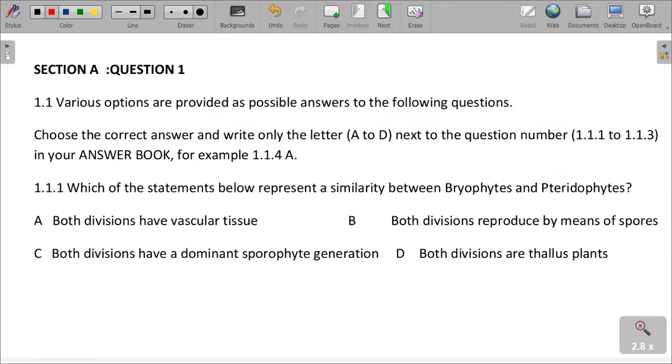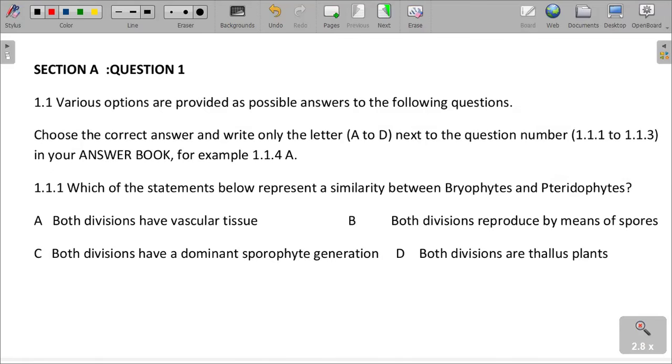I said last time that these are vascular tissues responsible for the transportation of water and nutrients within a plant. So we need to understand that the bryophytes basically don't have vascular tissues, whereas the pteridophytes do have.